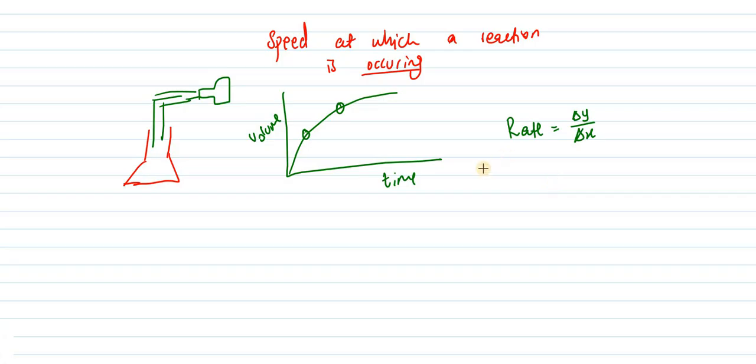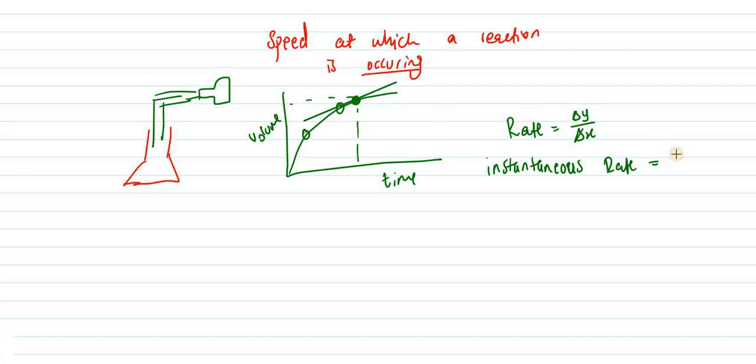Sometimes they can ask you for the instantaneous rate. If they ask you for this one, what you need to do is to draw a tangent on one point. You draw a tangent there, then you look at that point, right? Check the time, check the volume.